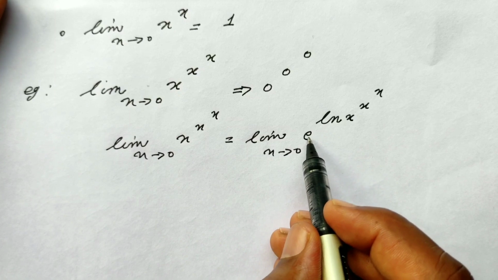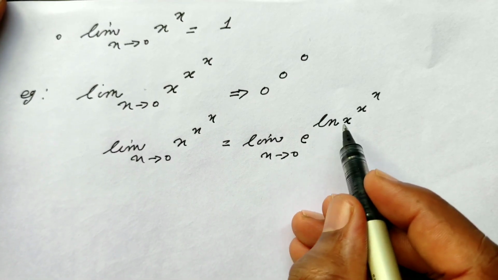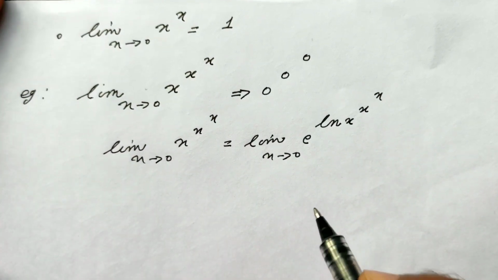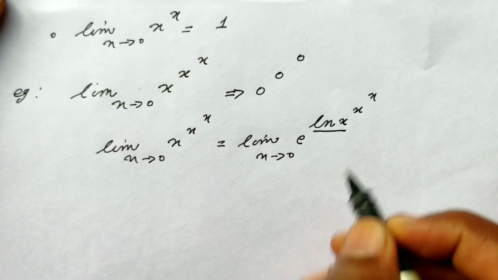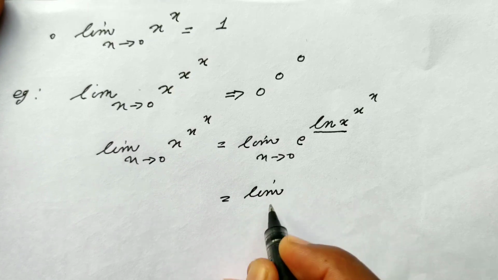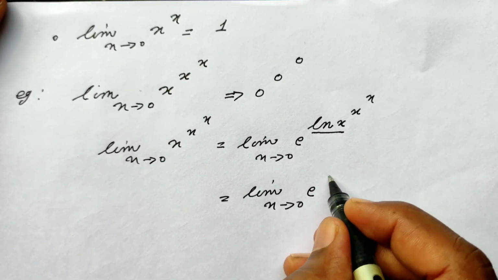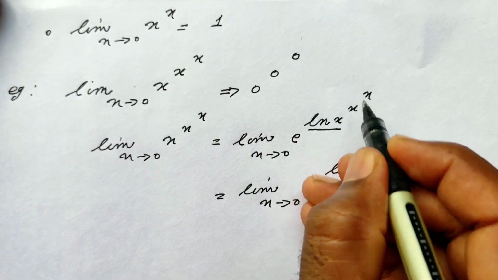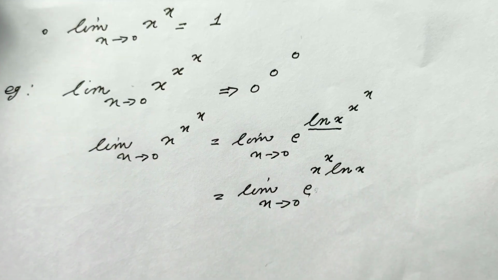We know e raised to ln x is x, so e raised to ln of x power x is x power x. So now this ln of x power x can be written as limit x tends to 0 exponential ln x. This power will come down, therefore x power x into ln x.